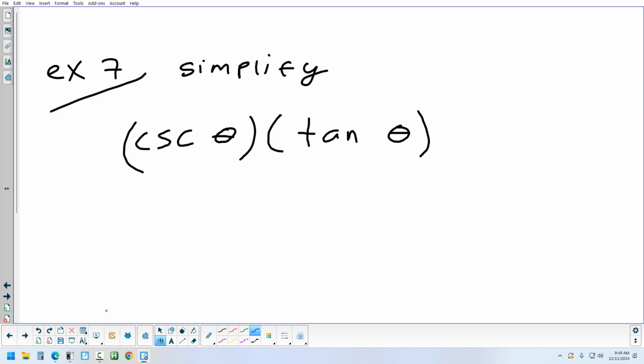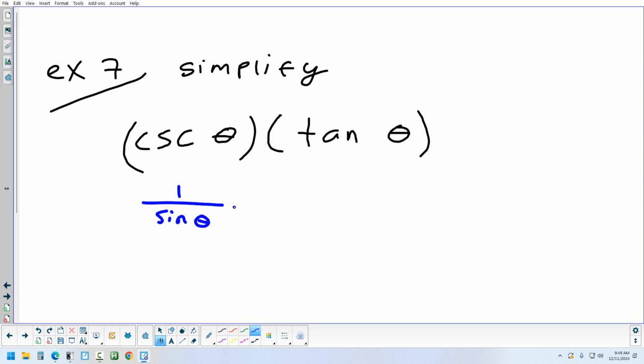Write each of these a different way. Start with cosecant. What is a different way that I can write cosecant using an identity from the previous page? Yeah. 1 over sine.